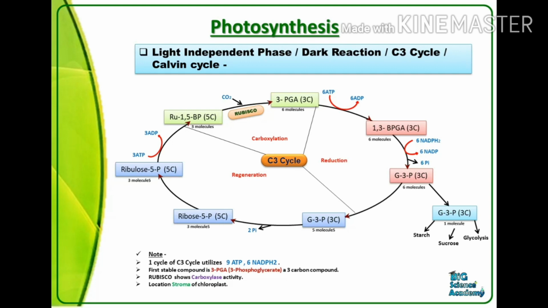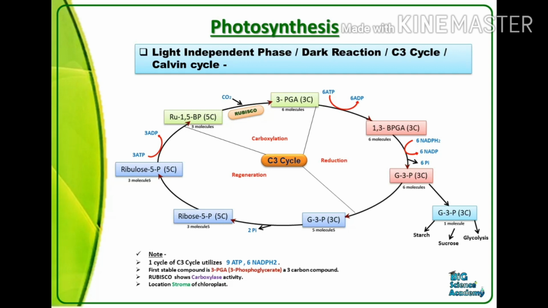This process is carried out by the enzyme RUBISCO, which is the ribulose 1,5-bisphosphate carboxylase oxygenase, and this RUBISCO enzyme fixes the atmospheric CO2 molecule into the carbohydrate molecules, and this step is known as carboxylation.